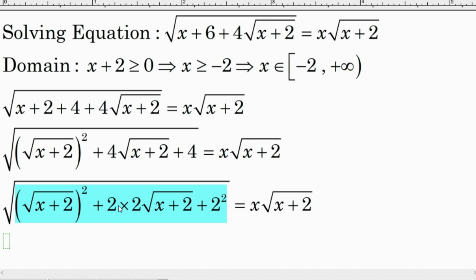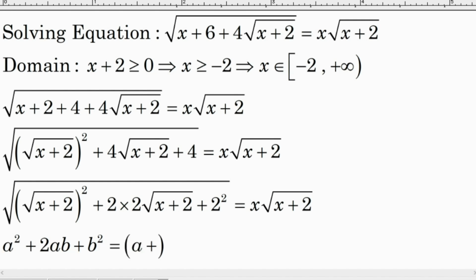I have written the first side into this form because my purpose is to make it into the form a square plus 2ab plus b square, which could be written as (a plus b) raised to square.